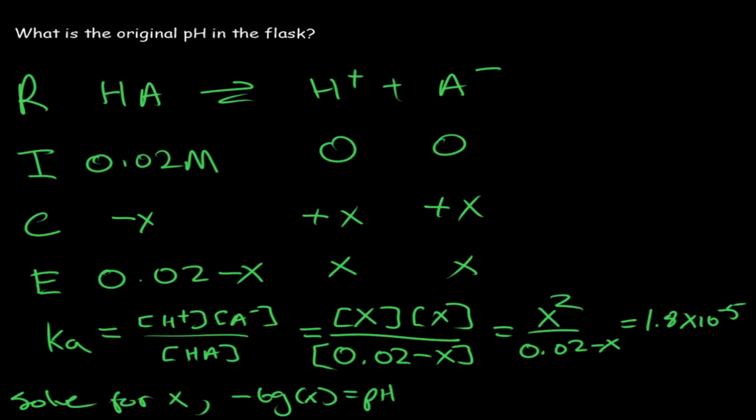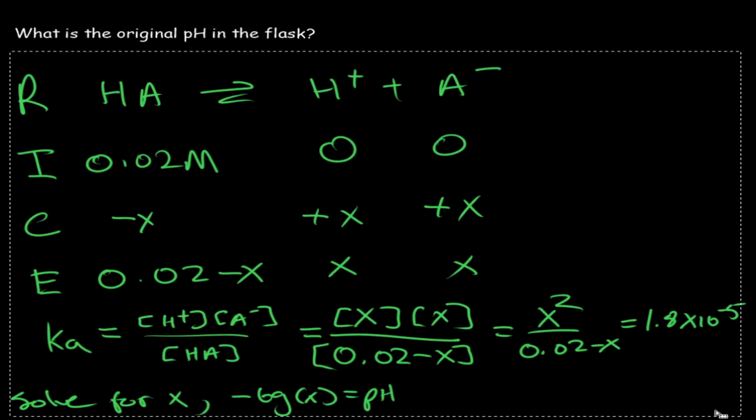Alright. So again, when we're trying to solve for X, we can use two different methods. We can use the quadratic formula or the approximation. We'll start with the approximation, and if it's not less than 1%, then we're going to use the quadratic formula. So X squared over 0.02 is equal to 1.8 times 10 to the negative 5.